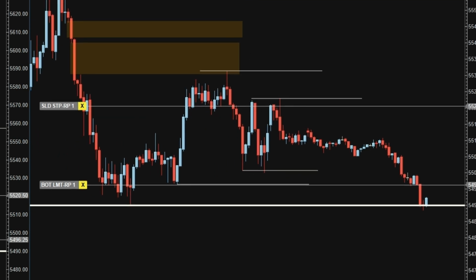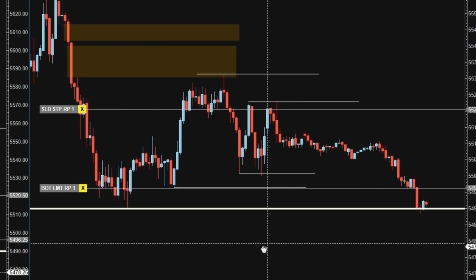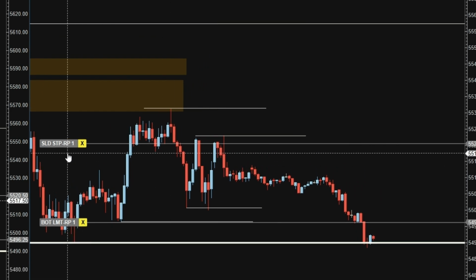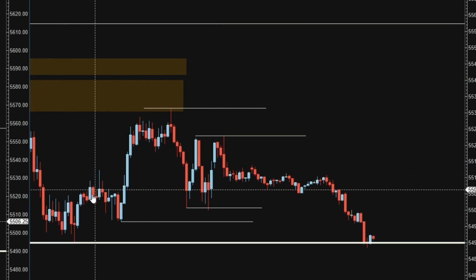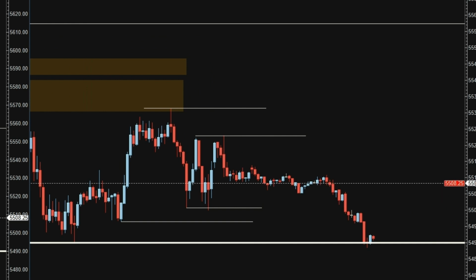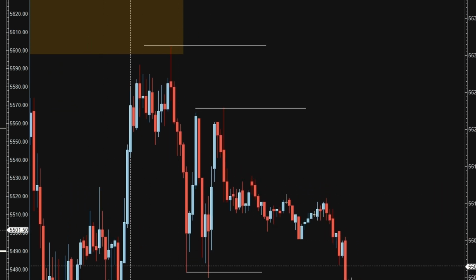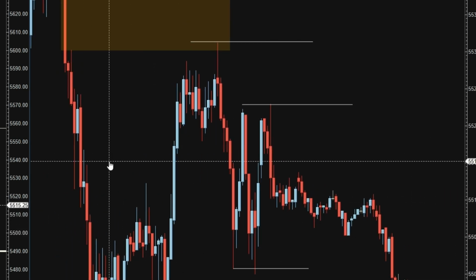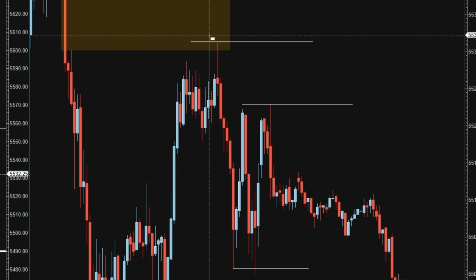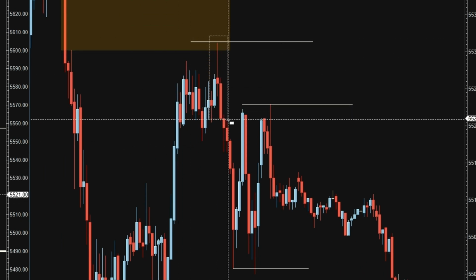So that was the trade, but my main focus there is this pattern here, right? That we were talking about.